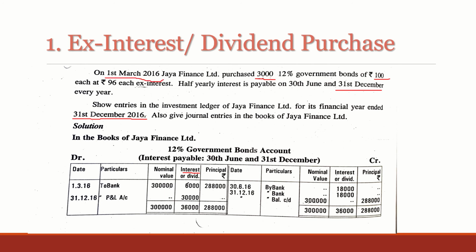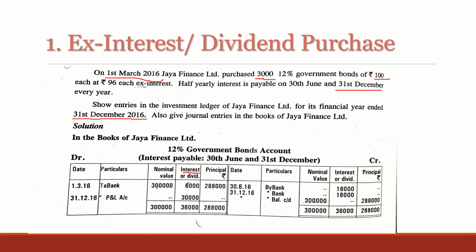Same as in the earlier case, we have to see how many months are there between the recent interest due date and the purchase or sales date. What will be the number of months? January and February, full months. Now we'll calculate the interest accrued for those 2 months.